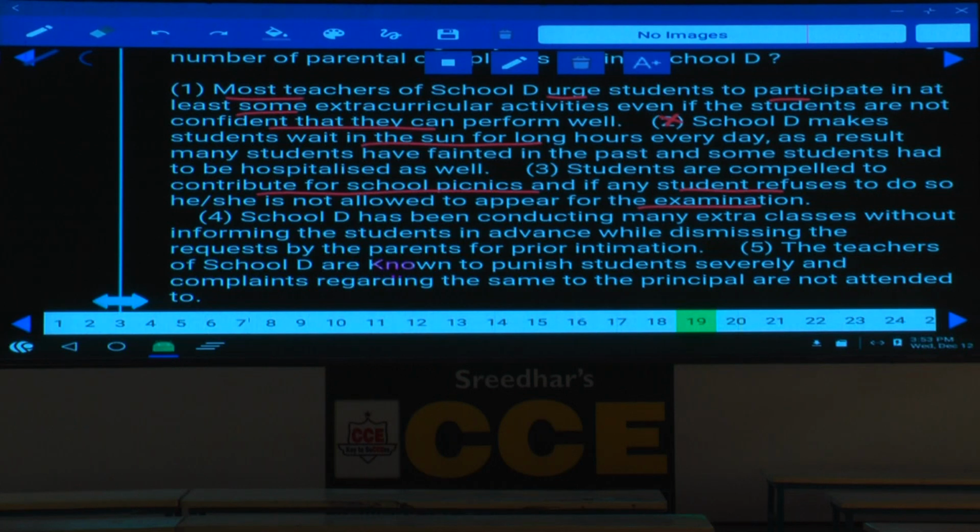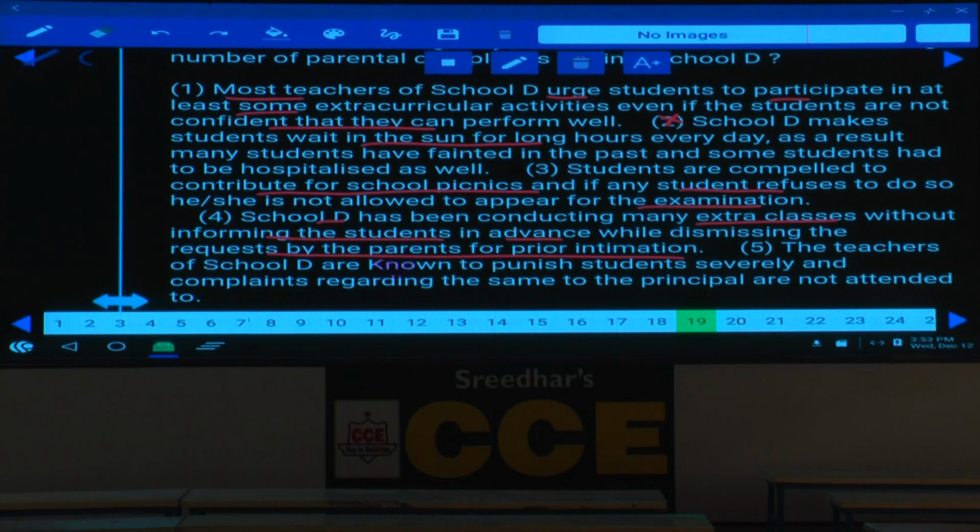Then coming to the fourth one: school D has been conducting many extra classes without informing the students in advance. Though it is an advantage to the students, it is done without informing them, while dismissing the request by the parents for prior intimation. Though the parents are requesting prior information, the school is not giving it, and is conducting these extra classes without any intimation.